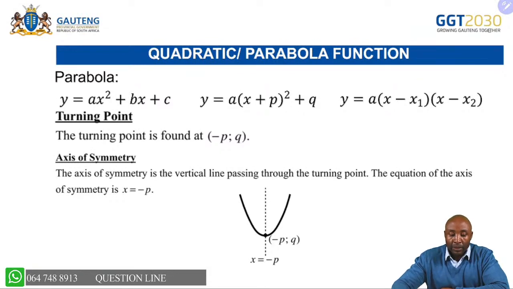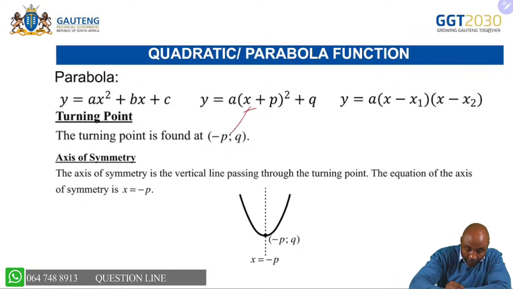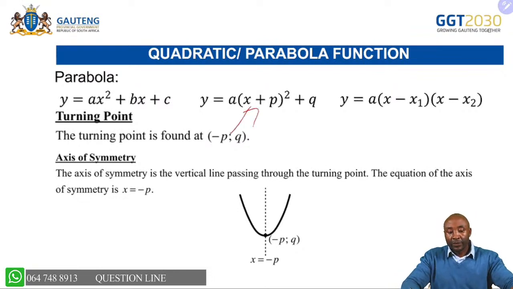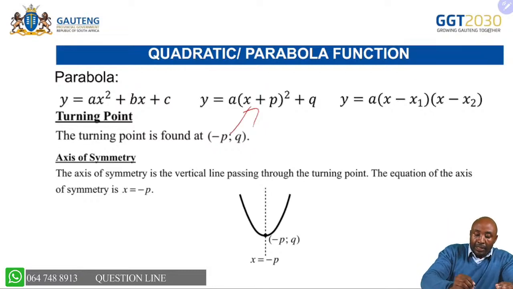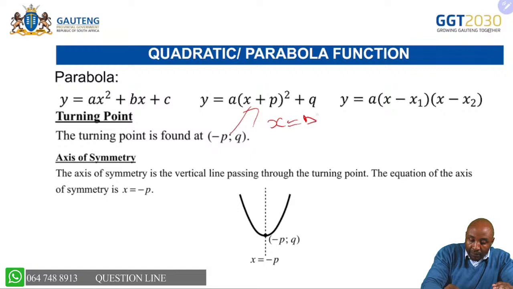We move on now and say, for us to be able to sketch our parabola function, we should be able to get the coordinates of the turning point. And we know if it's a turning point form, the coordinates of the turning point will be negative P and Q. And we also know that if we are using these other ones I've illustrated, to get the turning point, we will use X is equal to negative B over 2A.